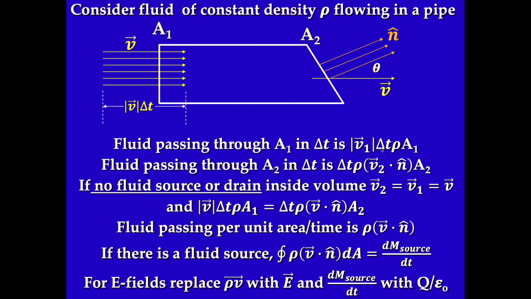So what I have here is density times volume giving me the amount of mass passing through. I'm sorry, that's not right. I just found a mistake in my equation, sorry. The amount of mass, the amount of water passing through in a time delta t.